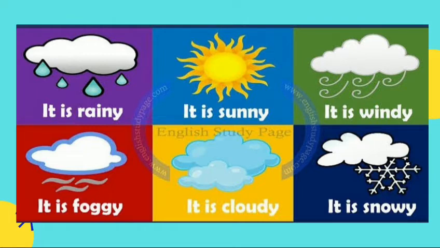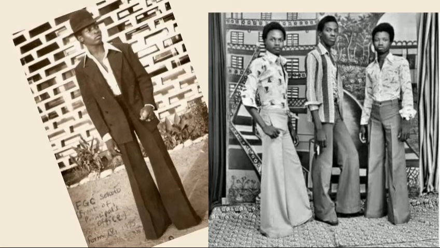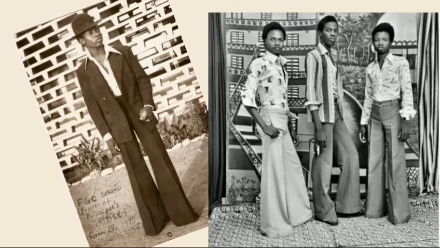I want you to know at this point that it is not all authors that specifically refer to setting in their work. Some can refer to the setting by making reference to the fashion that was in vogue at that time.